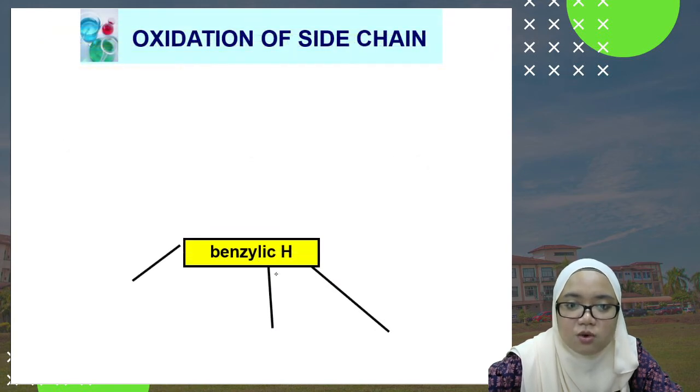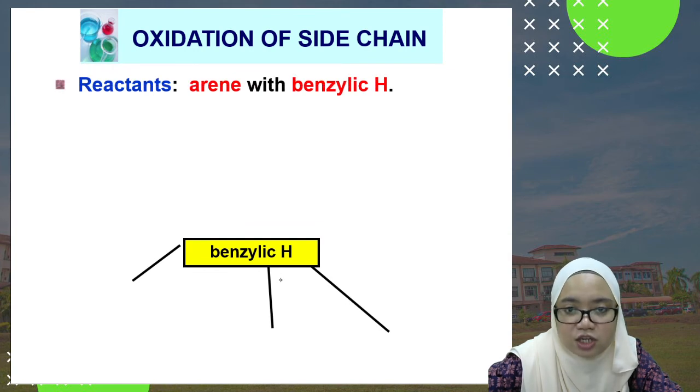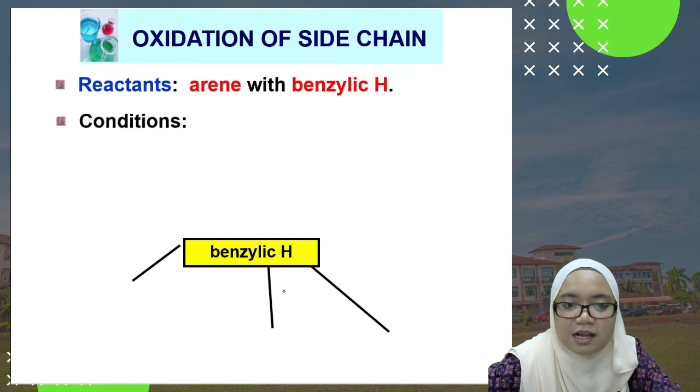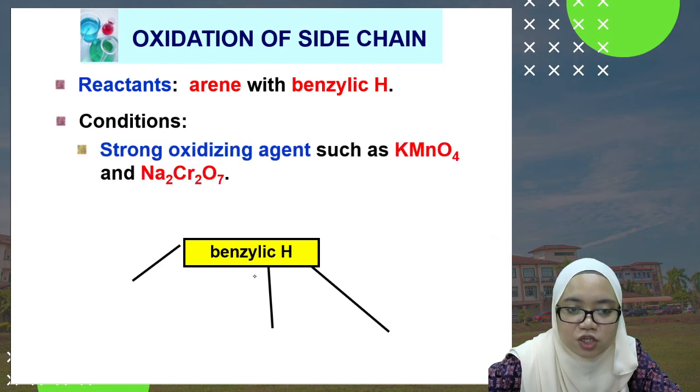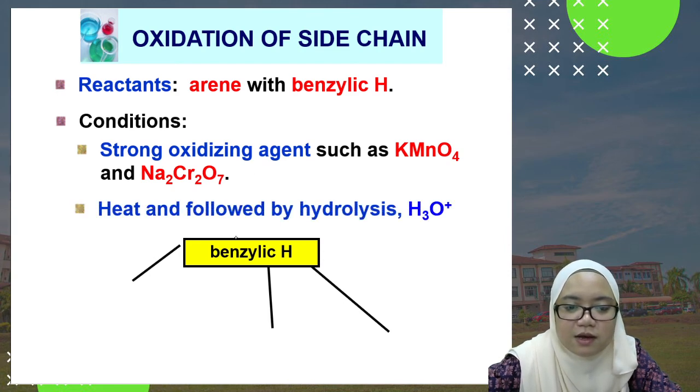Okay, so oxidation of side chain. So reactant adalah arene with benzylic hydrogen. Condition dia must be strong oxidizing agent such as potassium permanganate and sodium dichromate. So we need to use heat and followed by the hydrolysis H3O+.